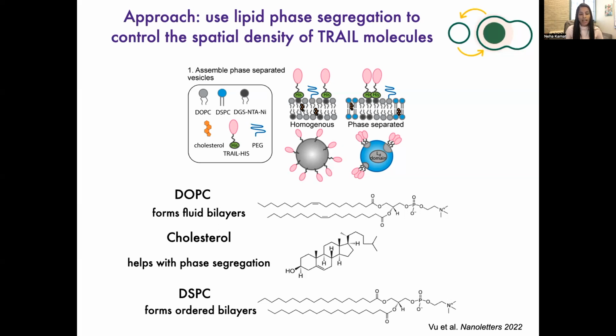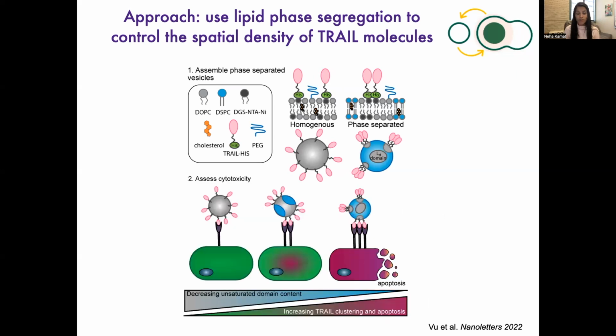And what we showed is that we could control the spatial arrangement of TRAIL so that it was either uniformly distributed across a nanoparticle, or if we could phase segregate the lipid that it was attached to, we could also phase segregate the TRAIL itself. As a result, what we found is that the spatial arrangement of TRAIL has a direct effect on its potency or its ability to induce killing in a target cancer cell.